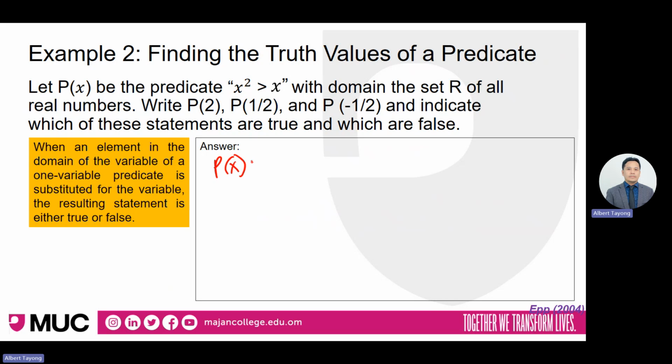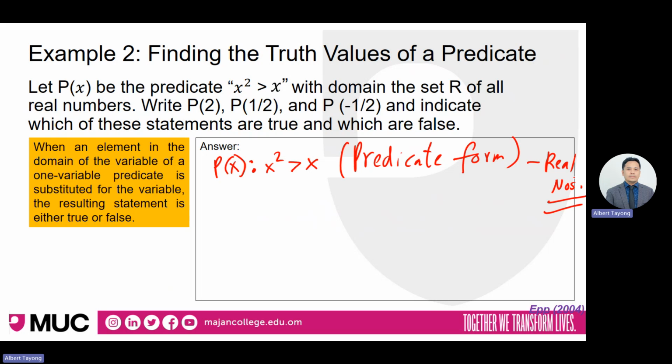So this is our open sentence, or we call this our predicate form, because x can be any value. If it's not mentioned, it means all real numbers, from 0 to positive infinity, 0 to negative infinity. When it's not mentioned, all numbers are allowed. Domain set R.